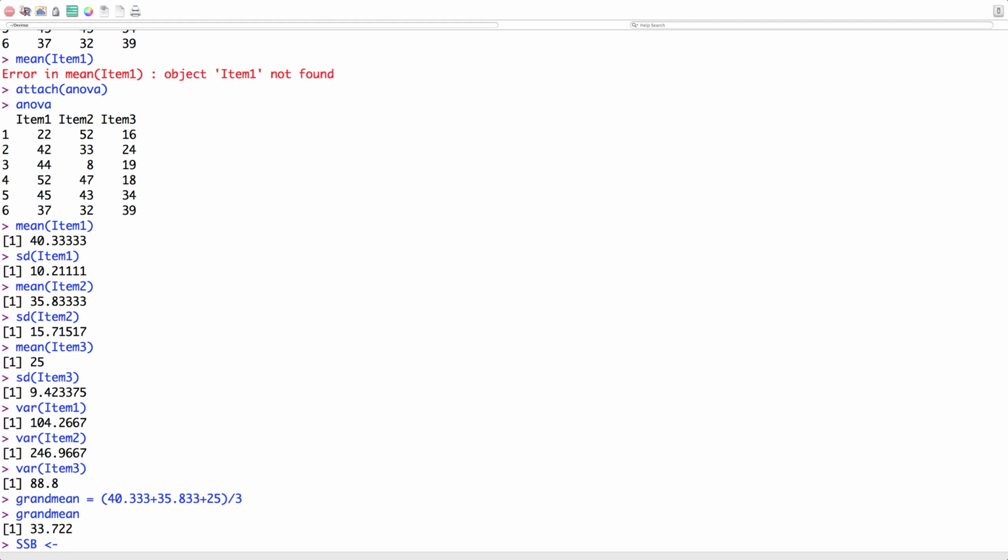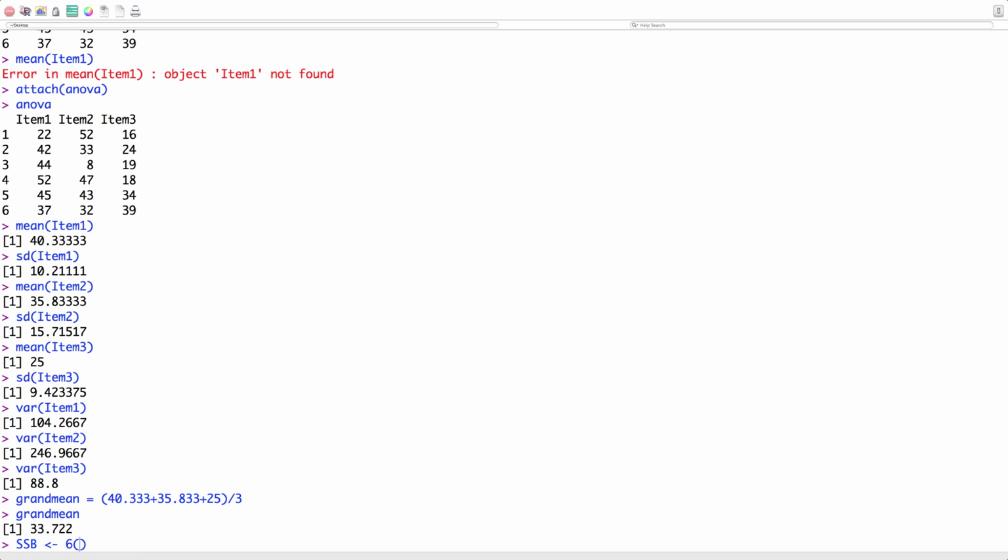It's a sum of the sample sizes, which in this case is 6, times the sum of squares, which would be the difference between each group mean and the grand mean. So I'm going to have 6 times 40.33 minus 37.22. I'll tell you what I'm going to do.